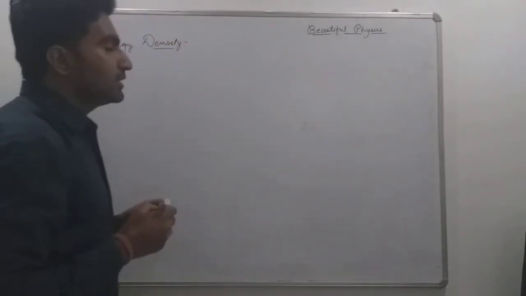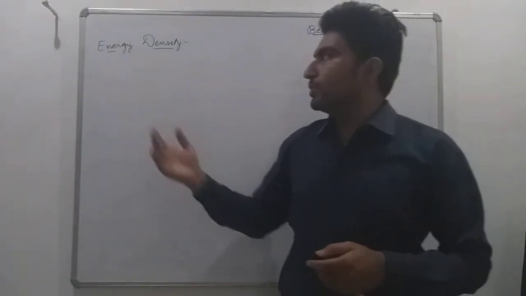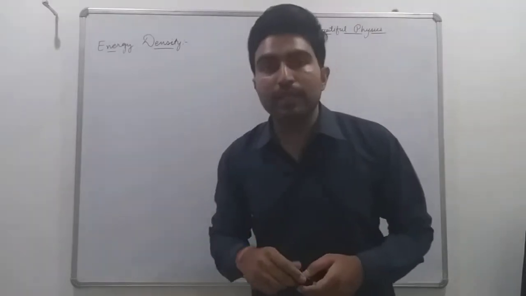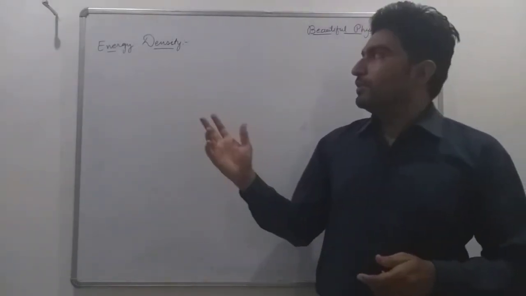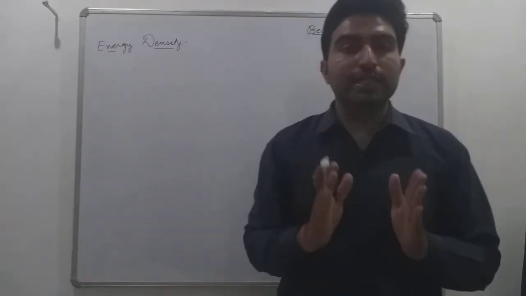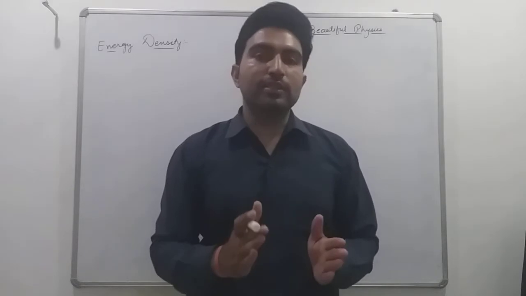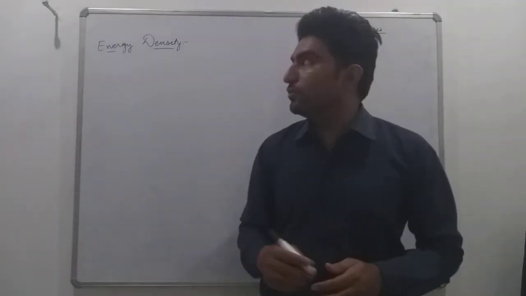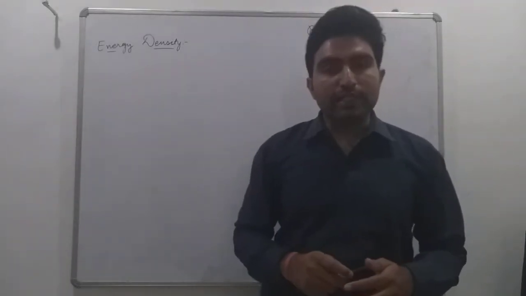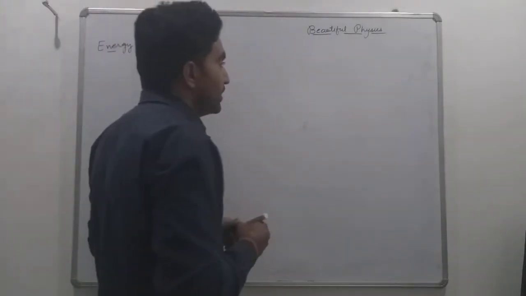As the name suggests, density means mass per unit volume, but here we are discussing the term energy density. Energy per unit volume is known as energy density, and the energy stored per unit volume between the plates of a capacitor is known as energy density. We have to find an expression for the energy density in a parallel plate capacitor.